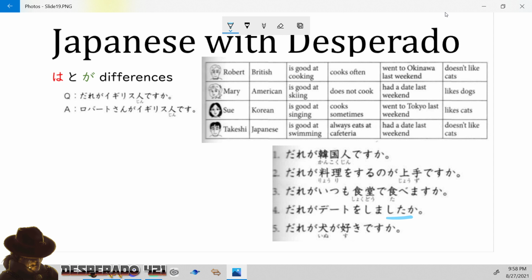Mary-san ga deito o shimashita ka. So, Meri-san to? Oh, why is it to? Oh, so Mary-san to Takashi-san ga deito o shimashita. Okay.